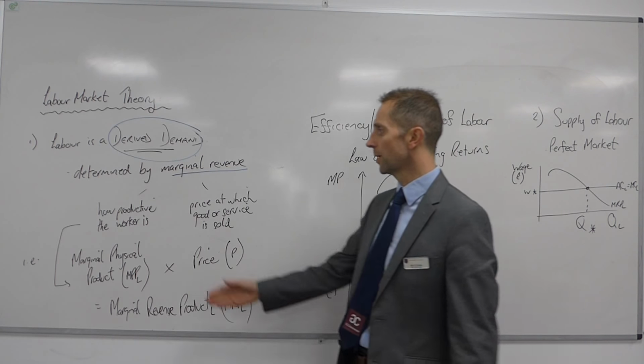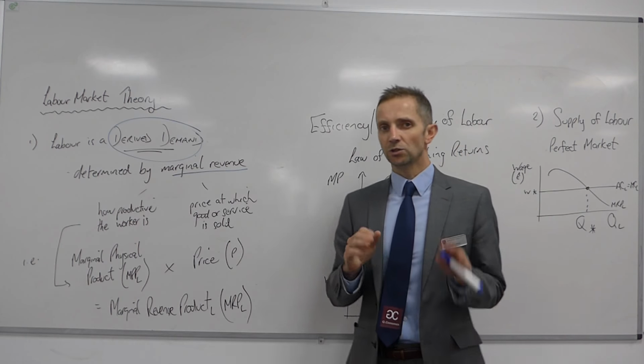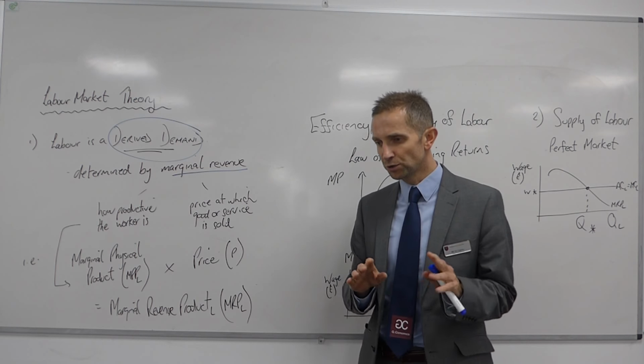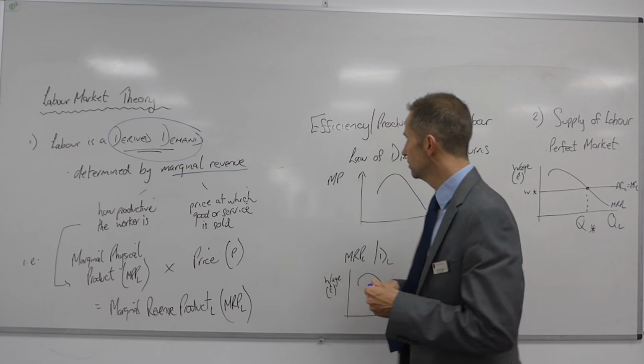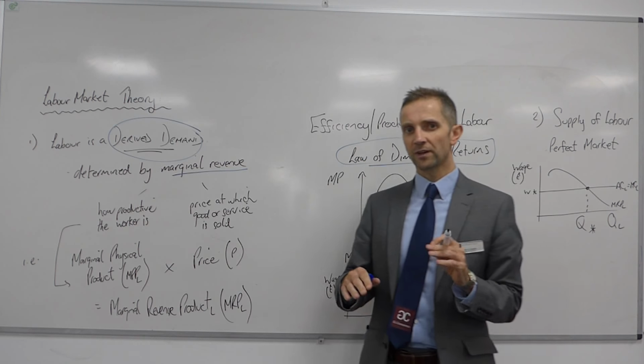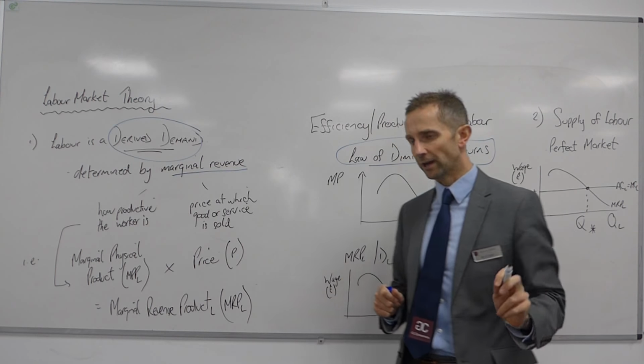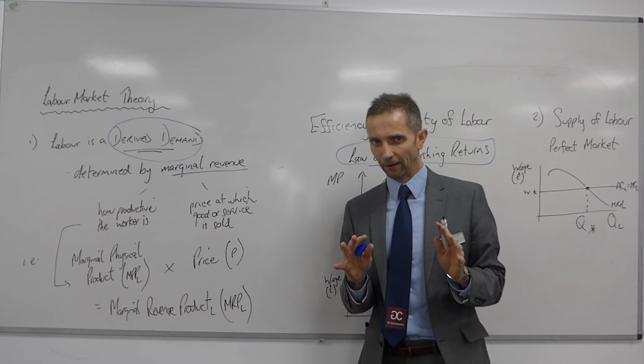So let's talk about how productive the worker is, first of all. Well, you'll already have come across this notion of productivity when you looked at the law of diminishing returns. Now, I've got a video on the law of diminishing returns. If you're not familiar with it, go back and have a look at it. I'm not going to go over it again here.